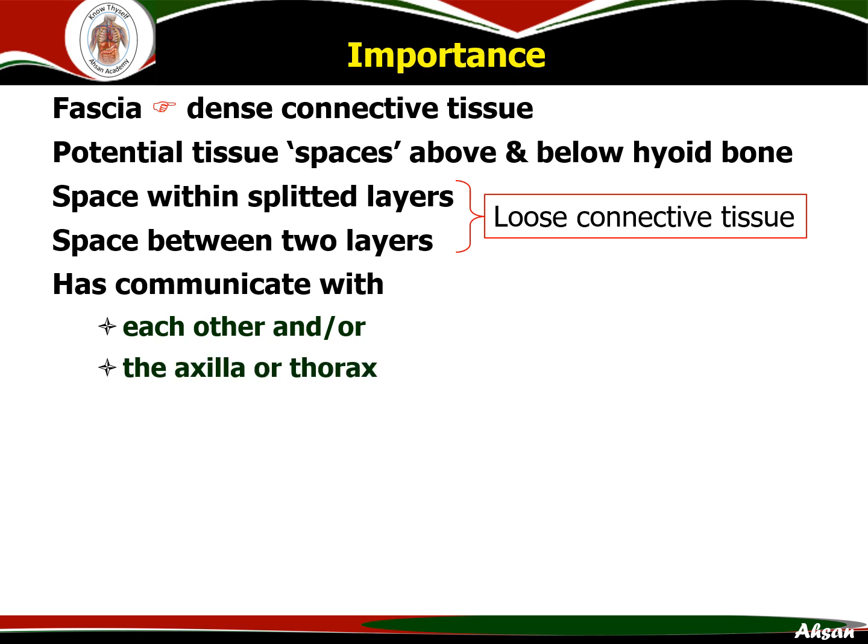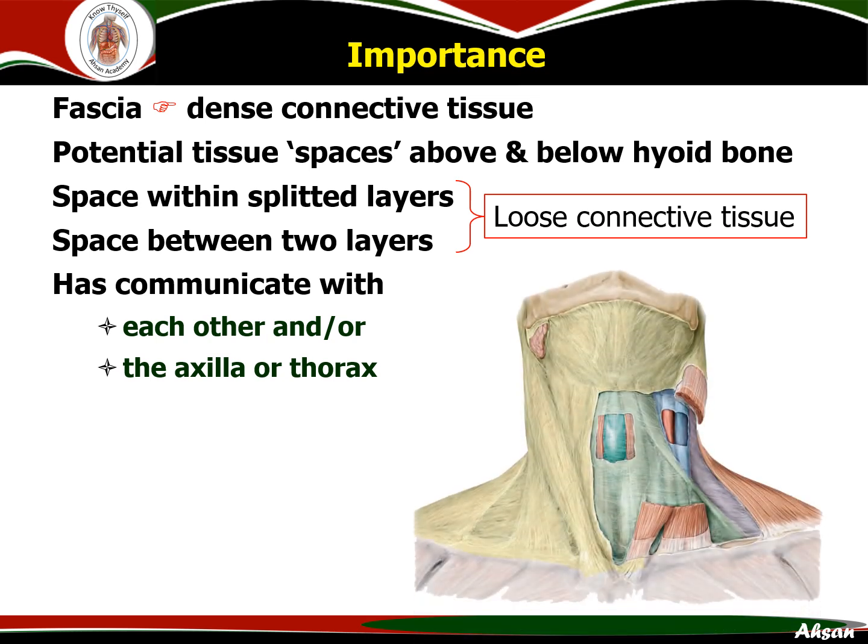So this is the potential space through which infections can spread, and also any pus or other fluid can move from one place to another, or to the axilla or to the thorax. These are the deep fascia. You can see there are potential spaces visible between the layers.